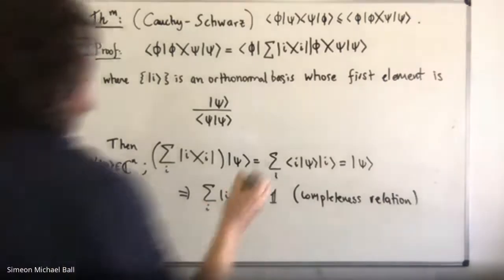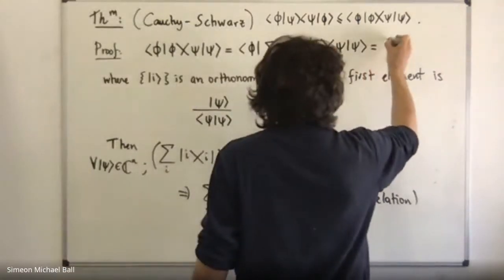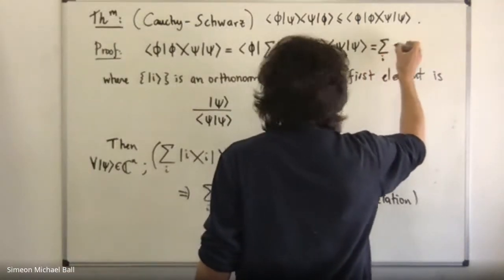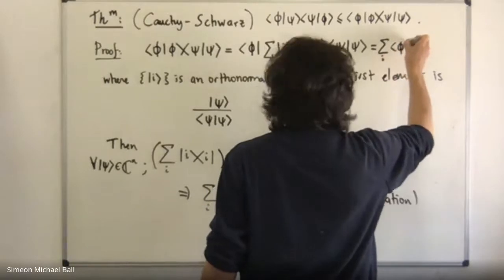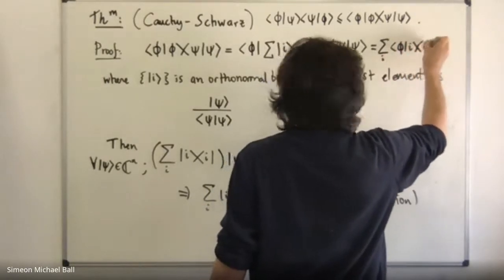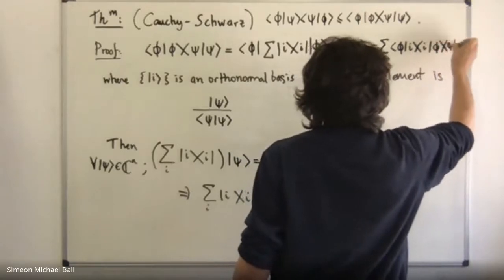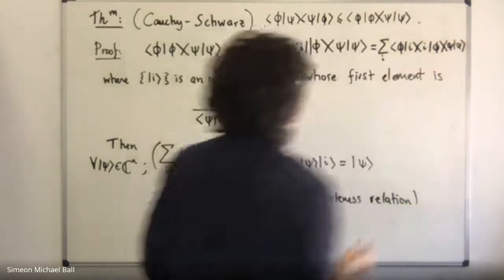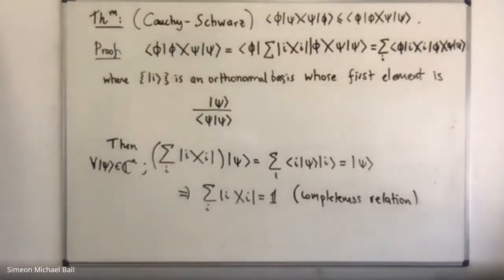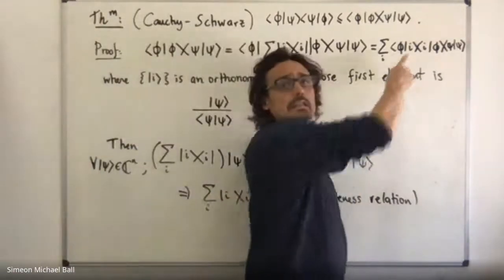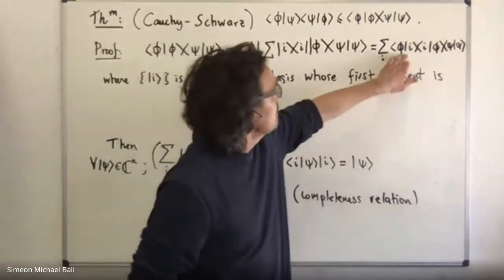And now we can take this sum out here by linearity, and we have the sum of the inner products of I with psi and psi with I. And what we have in this sum then is all positive real numbers.